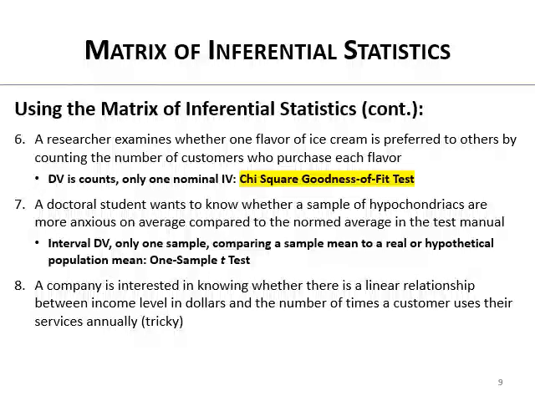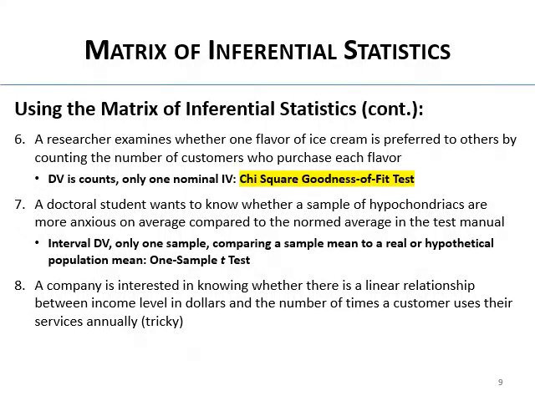Finally, the trick one. So there's only one that we haven't talked about. There's your hint. A company is interested in knowing whether there is a linear relationship between income levels in dollars and the number of times a customer uses their services annually. I tell you it's tricky. So what do we have here? Linear relationship is your hint. What do we use to look at linear relationships between two variables?